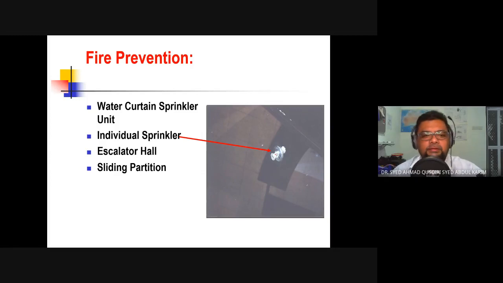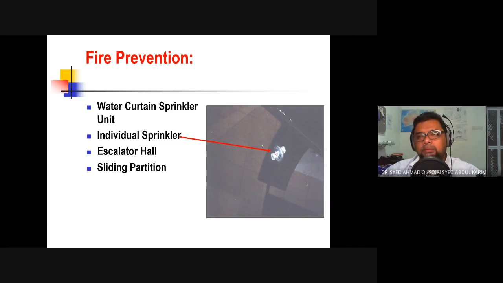So we have a water curtain sprinkler unit, which would provide a layer of sprinkled water that would make it harder for fire to penetrate. And then individual sprinklers, usually installed below the escalator itself.